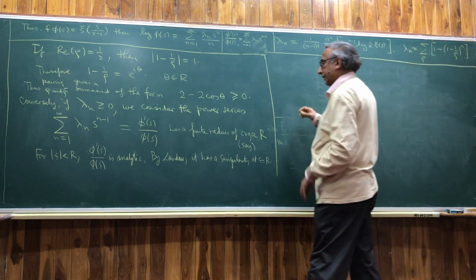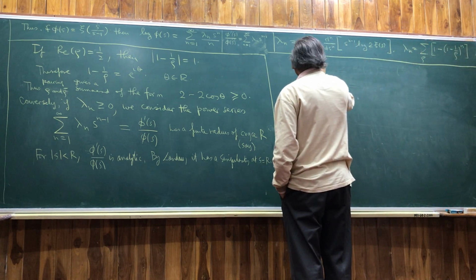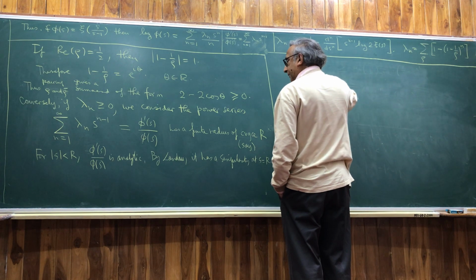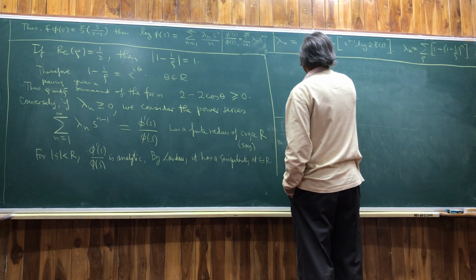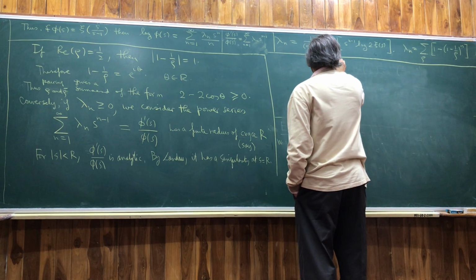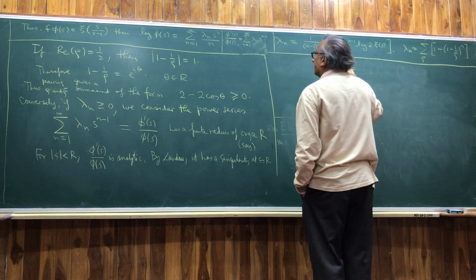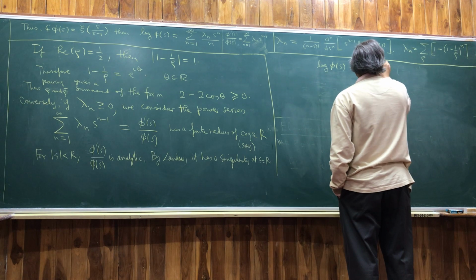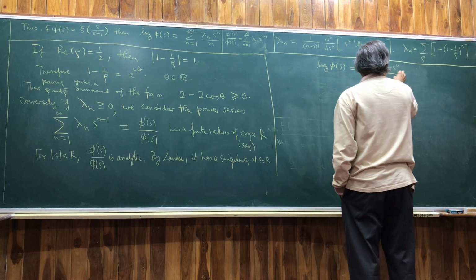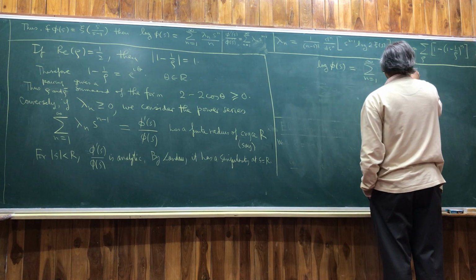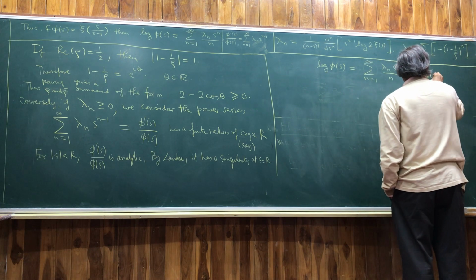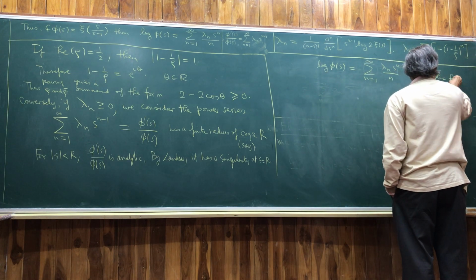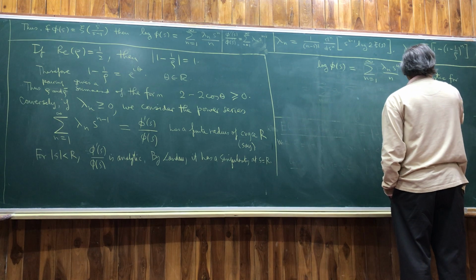So the point is that it's analytic inside, and hence log phi of s, which is equal to the summation n going from 1 to infinity of lambda n s to the n over n, is analytic for mod s less than r.